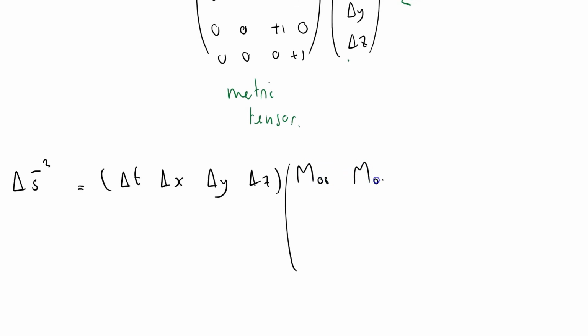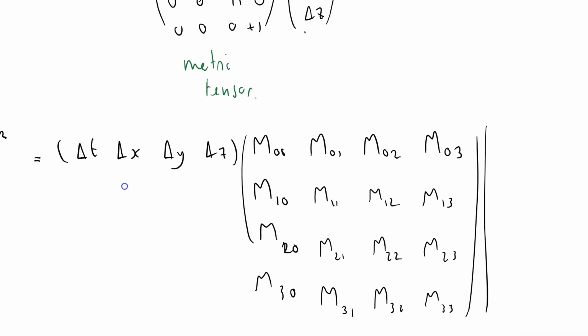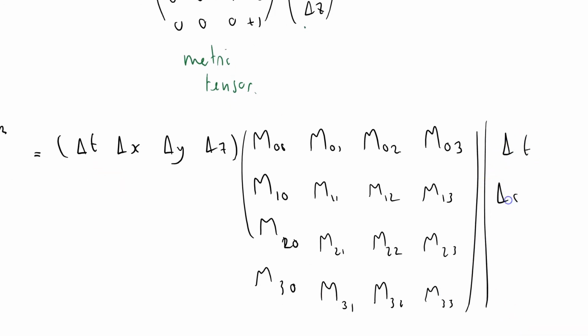M00, M01, M02, M03, M10, M20, M30, M11, M12, M13, M21, M22, M23, M31, M32, M33, times delta t, delta x, delta y, and delta z.